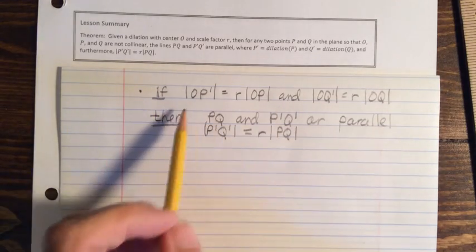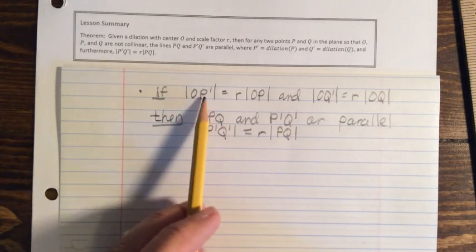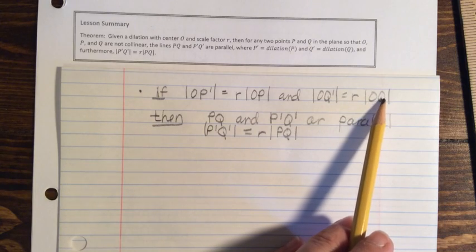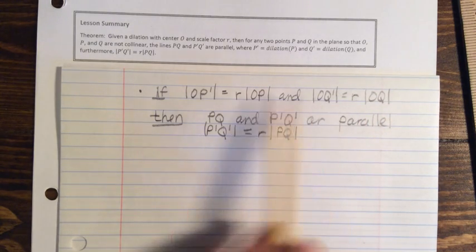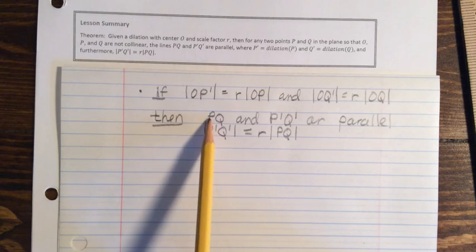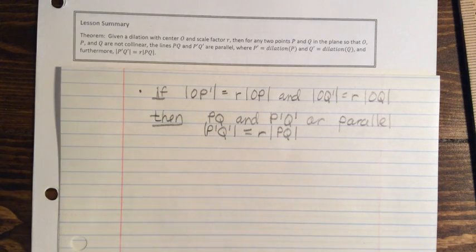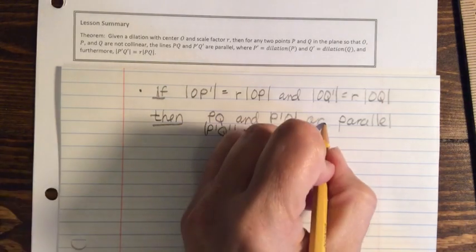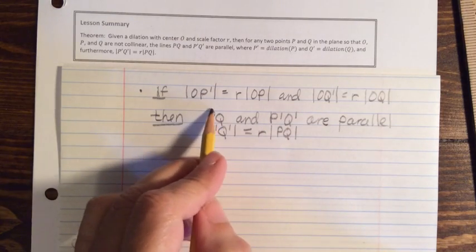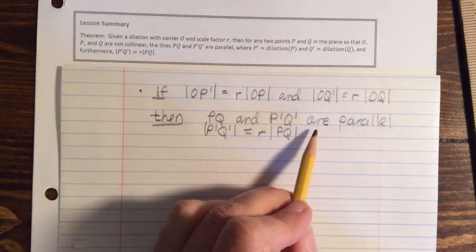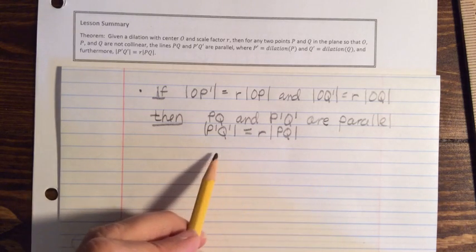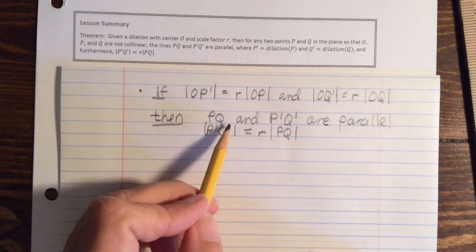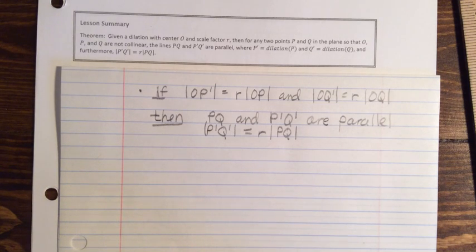If this point P is dilated to P prime by a scale factor, and Q is dilated to Q prime by a scale factor with center O, then those segments containing the original points and the dilated points are parallel. And I bet you didn't think I was going to find that, huh? And P prime Q prime is equal to the scale factor times the original segment length.